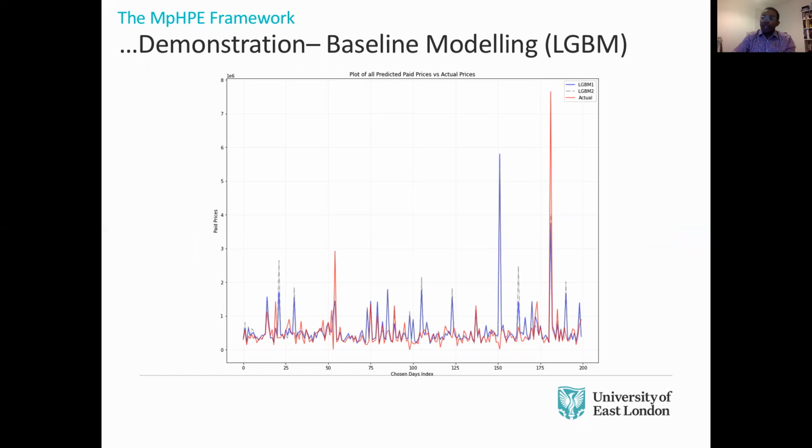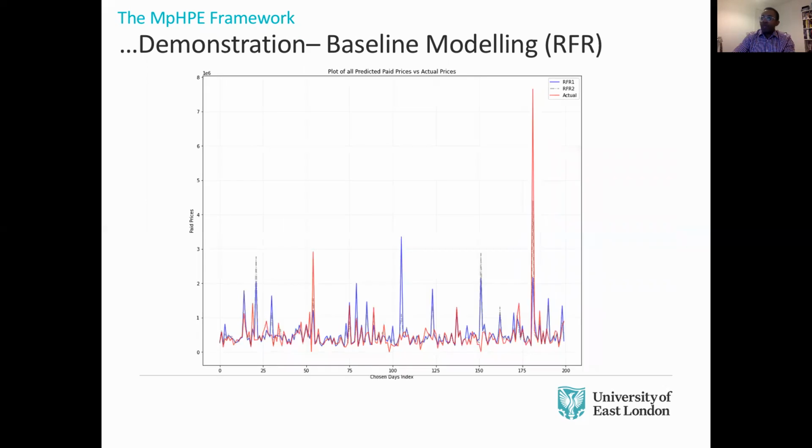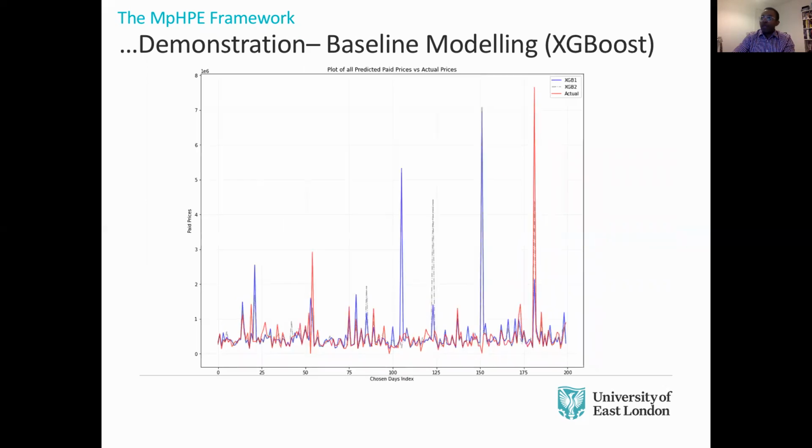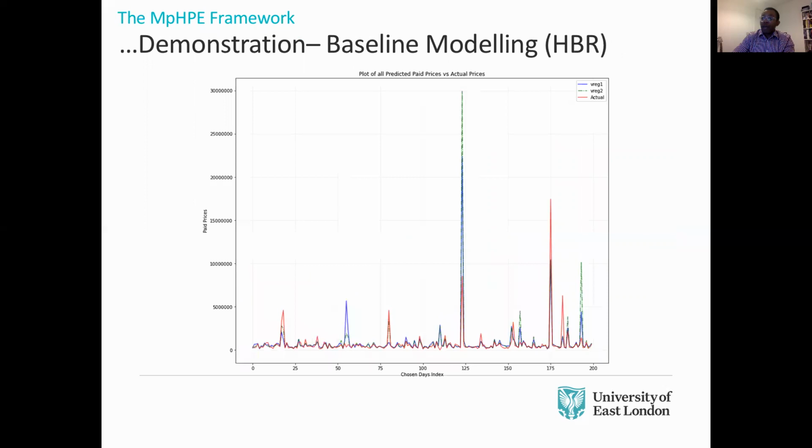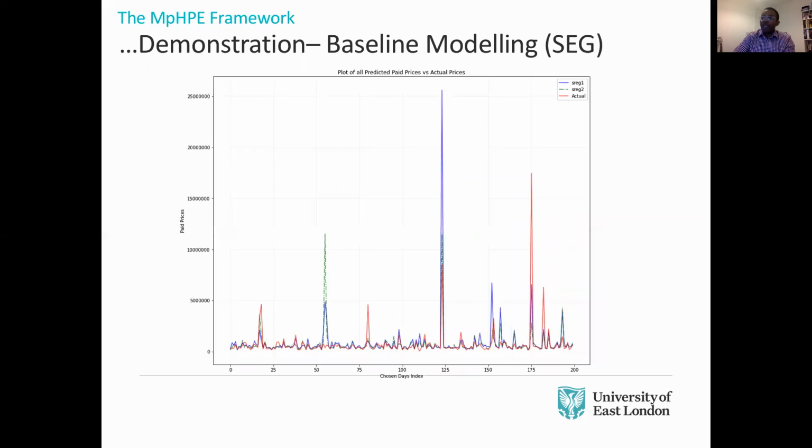And this is a view of the baseline modeling for light GBM. Results for baseline modeling for random forest. And here you also have the results of the baseline modeling for XGBoost, hybrid regression, and stacked generalization.